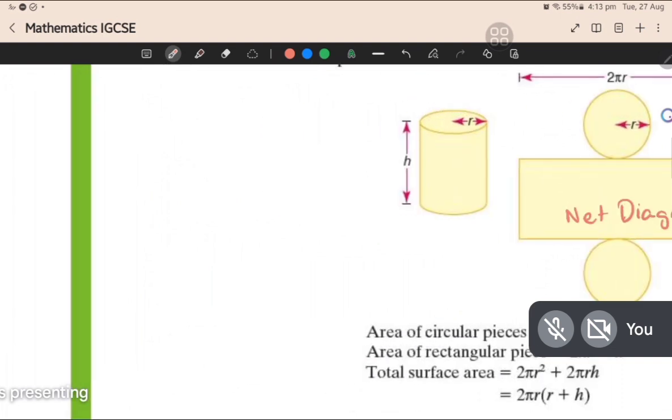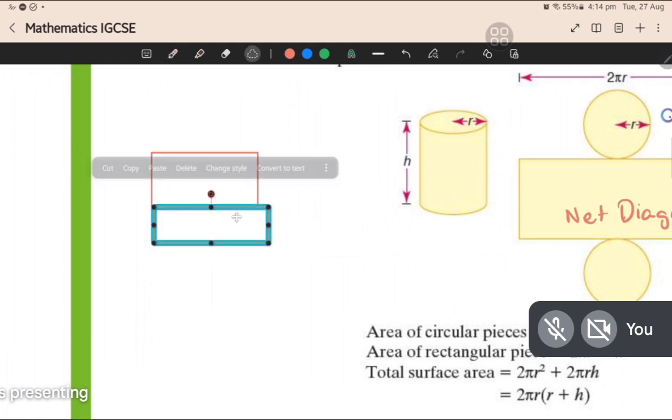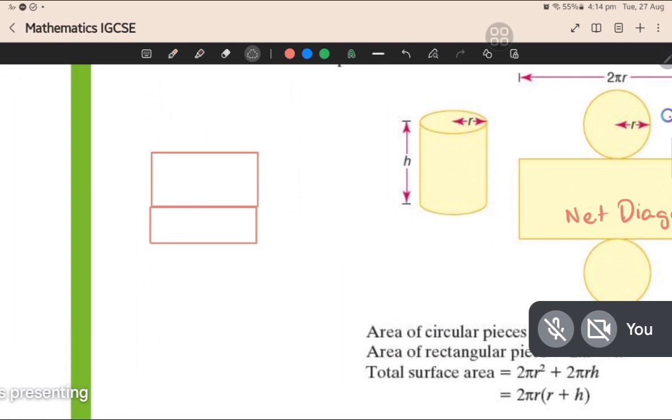So if you were to make a cuboid as a net diagram, you would have... Sir, do you mean the pieces which merge together to form the 3D shape? Yeah. They will fold together in order to form the 3D shape.